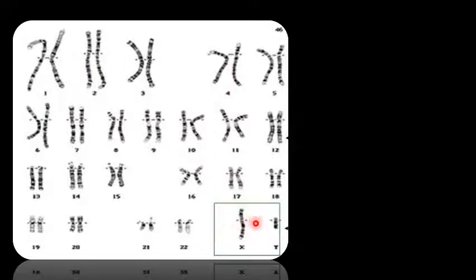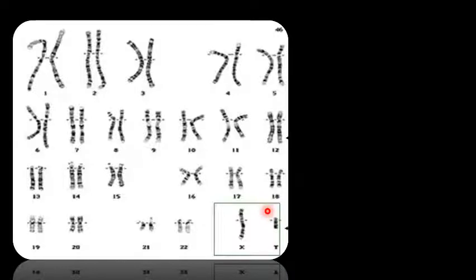But when you look at the 23rd pair, if it is a male, you can see the difference between the two chromosomes here. These chromosomes are called sex chromosomes. Sex chromosomes determine the sex of an animal, whether it is dioecious or unisexual.